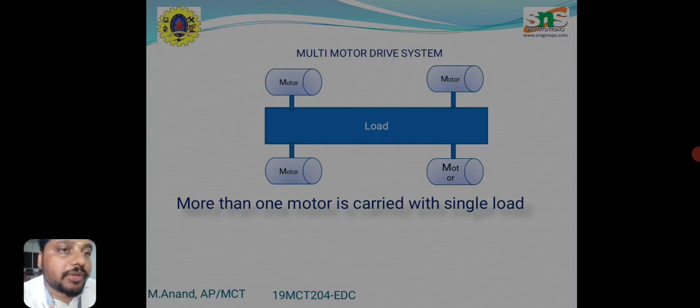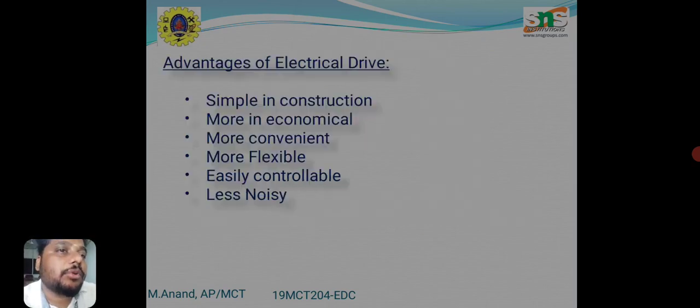So cost wise it is more expensive, but efficiency wise it is very good compared to other drive systems. This is called a multi-motor drive, where more than one motor is used for a single load.